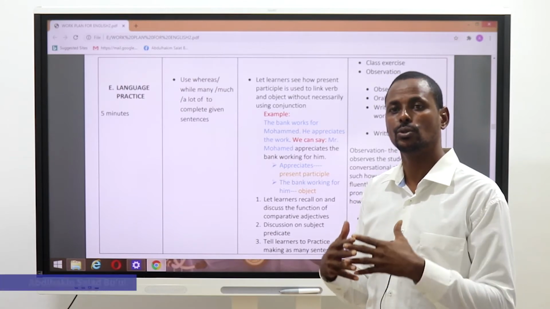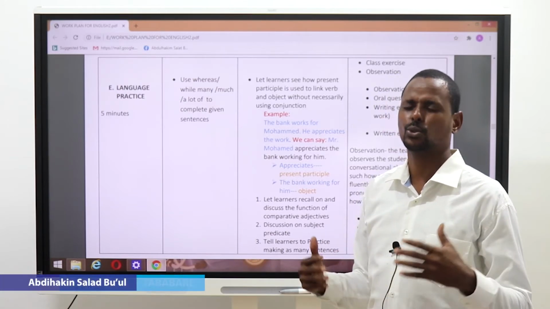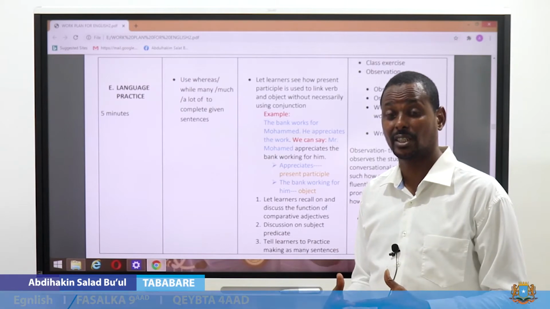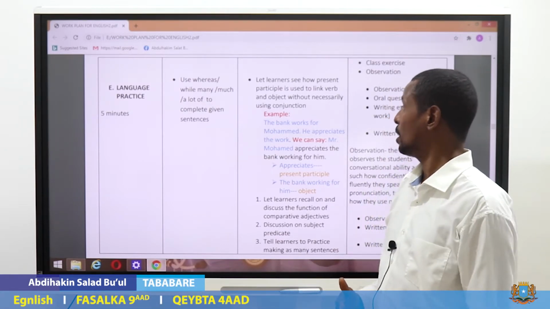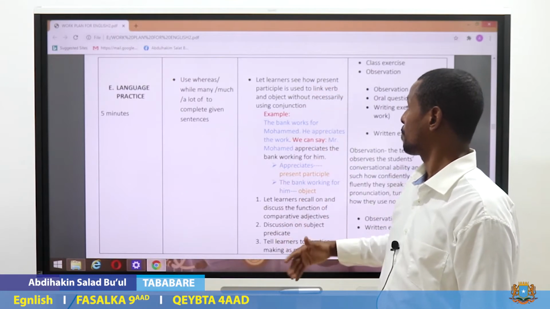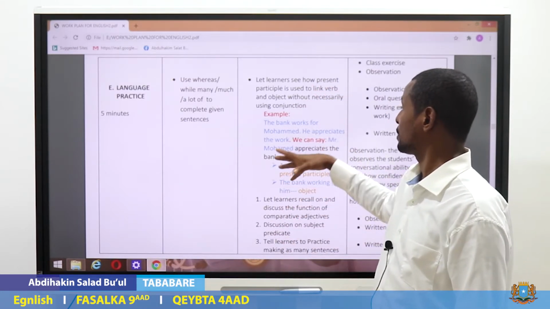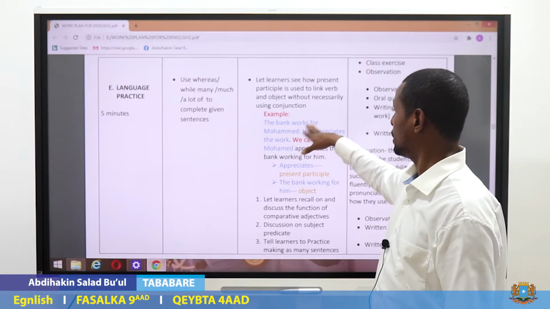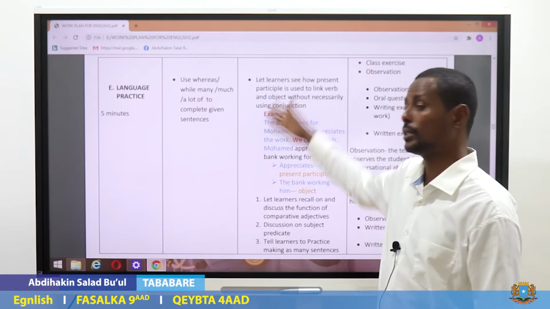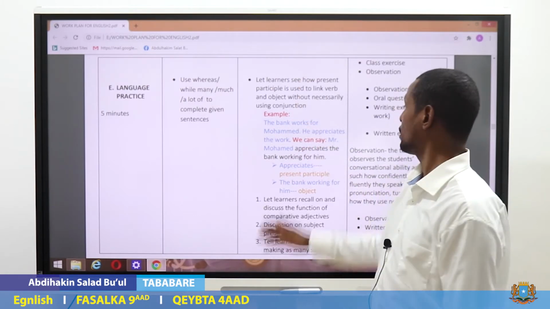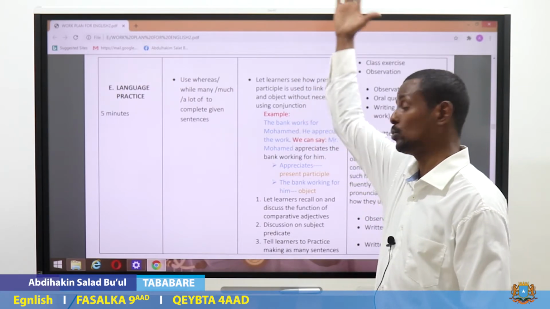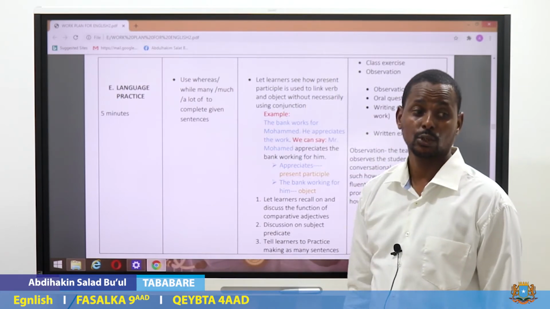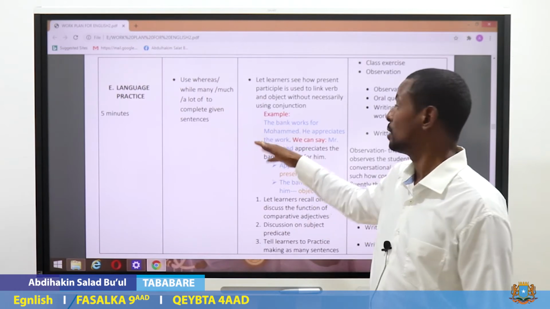Now we want students to link or join sentences without using conjunctions. Let them see. Let them discuss. You can kickstart by giving this example, and as you can see, it's related to what they have already read, so they are familiar with the concept.